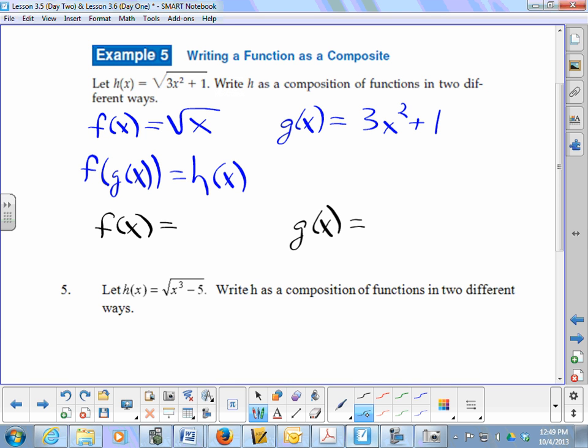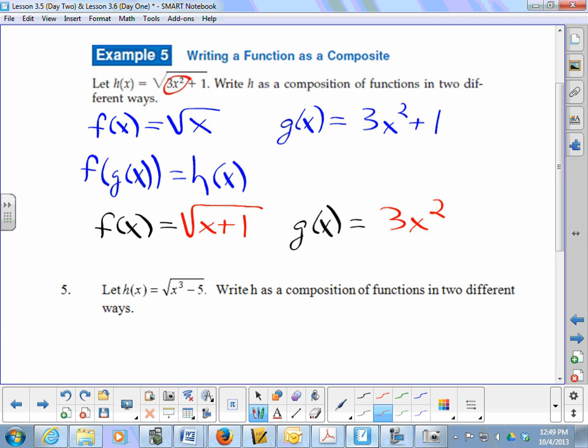All right, so hint. Inside this, I have 3x squared, right? I'm going to make this 3x squared. So what can my f of x be then? What would that need to be? The square root of x plus 1.